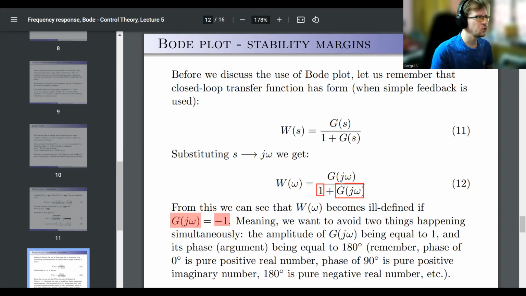So what we want to avoid is putting the system in this situation where this becomes -1, because then the transfer function is not going to do anything good. And that is one reason why we want to do Bode analysis, even for stable systems, because there are frequencies at which this can become -1, and the system can fall apart.